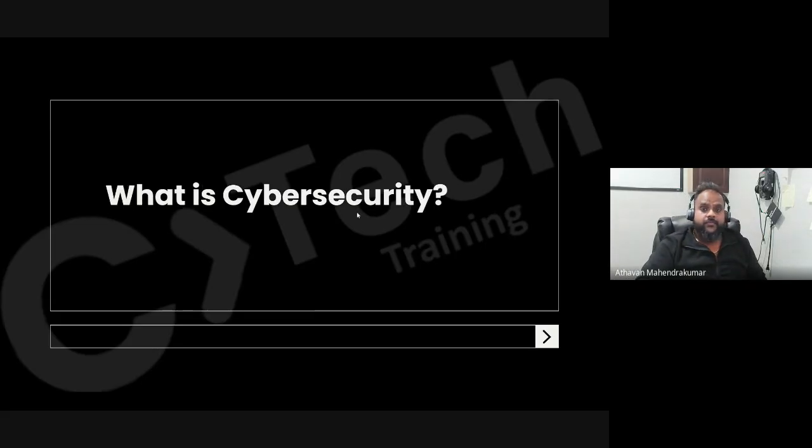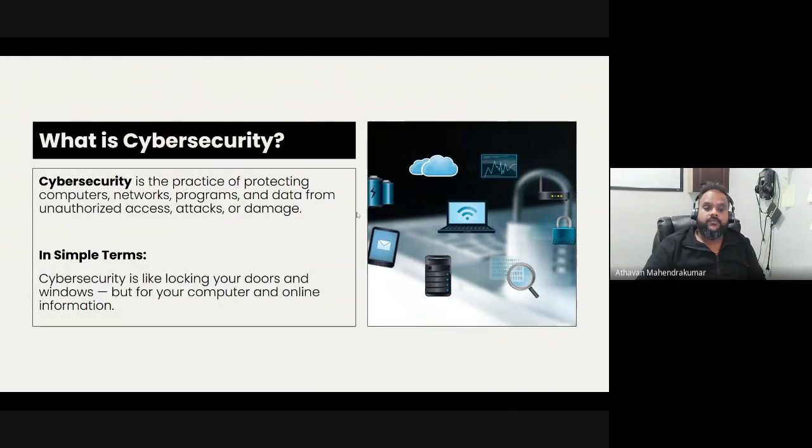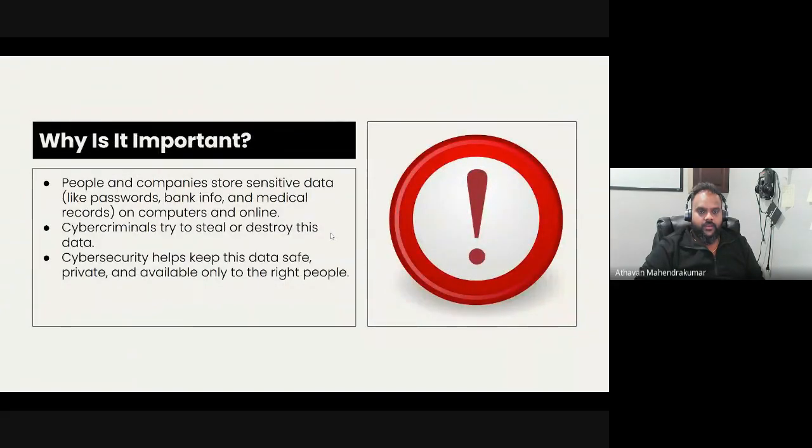Okay, what is cybersecurity? Cybersecurity is a practice of protecting computer networks, programs, and data from unauthorized access, attackers, or damages. In simple terms, cybersecurity is like locking your doors and windows, but for your computers and online information.